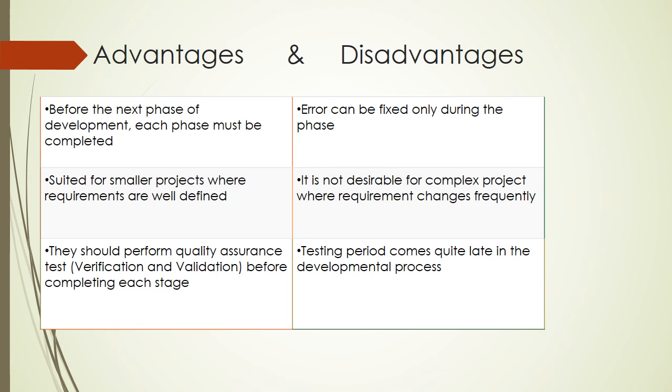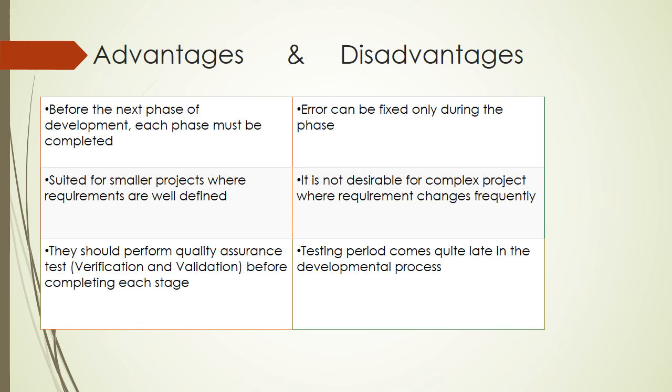You can't go back because the whole point of the waterfall model is to make sure everything is done before you move on. It is not desirable for complex projects where requirements change frequently, because the waterfall model is like a fixed way of doing things. Once you finish step 1, step 2, you can't go back, right?